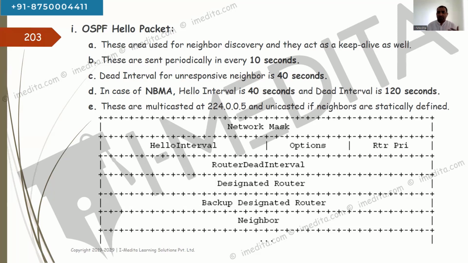In most cases, router priority will be utilized by OSPF for the election of the DR, BDR, or maybe master and slave, which we will discuss later on, what the DR and BDR are. But all these things are carried by the hello packet inside OSPF. Then the dead interval is there. The DR router, like who is the DR, and then the BDR router. And it will even contain the neighbor information. So for example, if I discovered a neighbor.